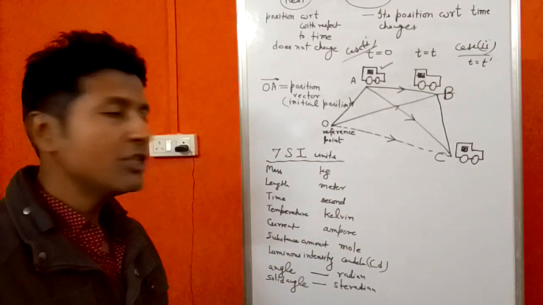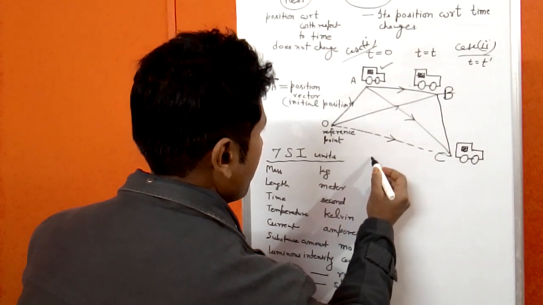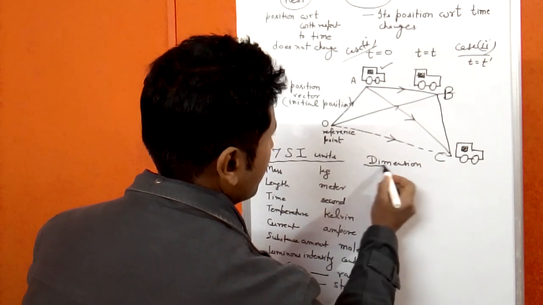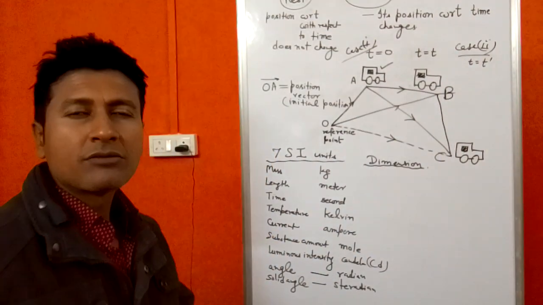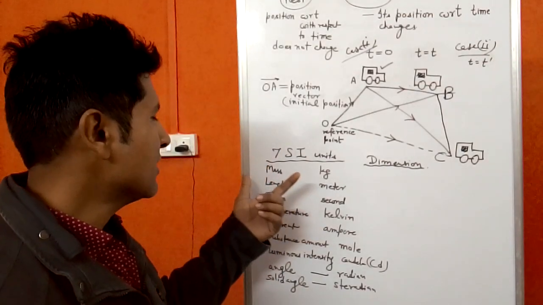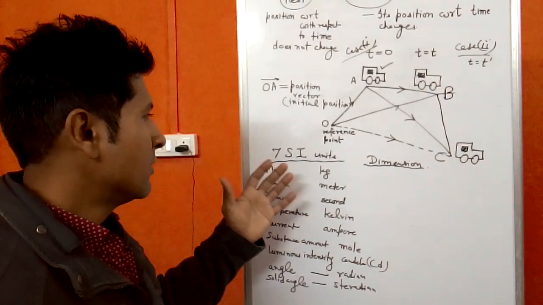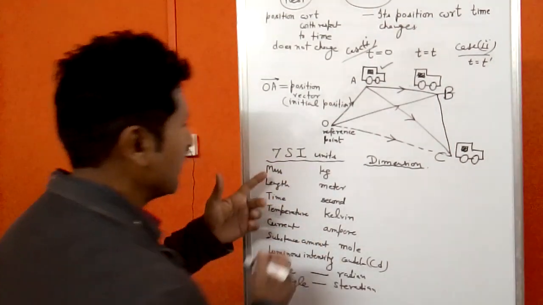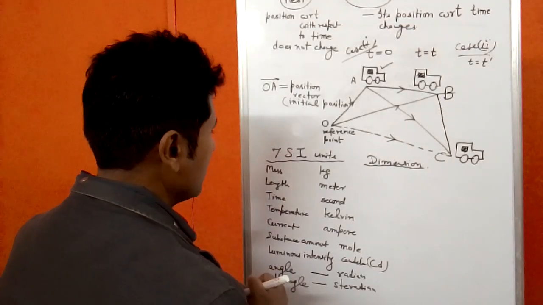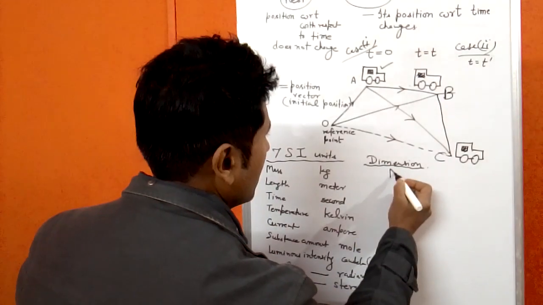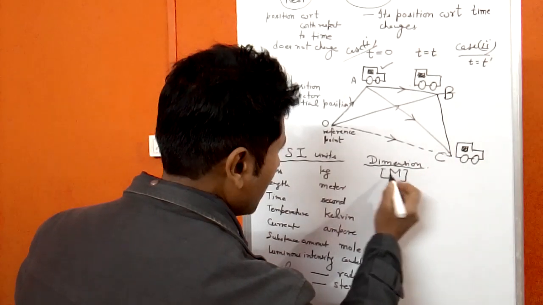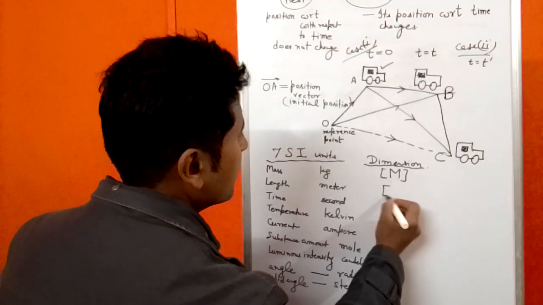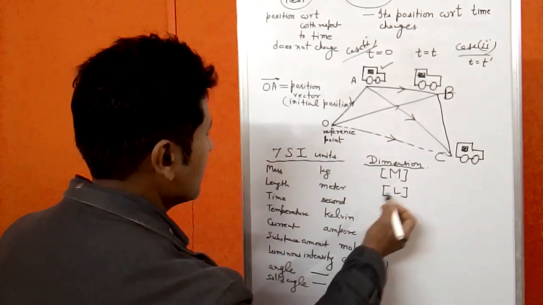Now let's talk about the dimension part also. Dimension is something which is denoted by a particular symbol. For example, mass is denoted by capital M. Length, the dimension will be like this.